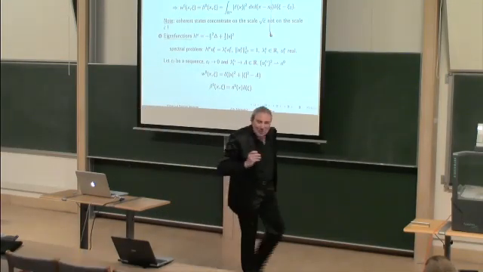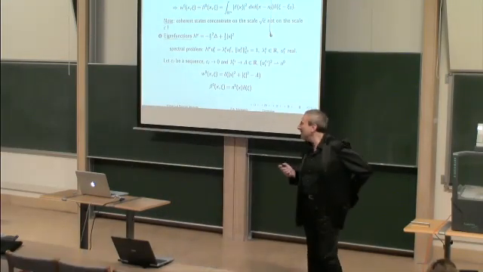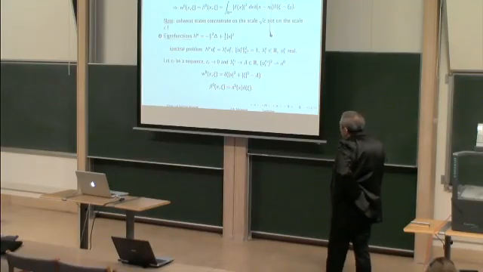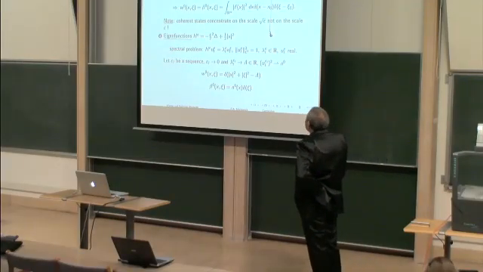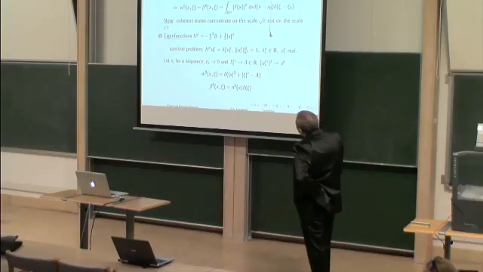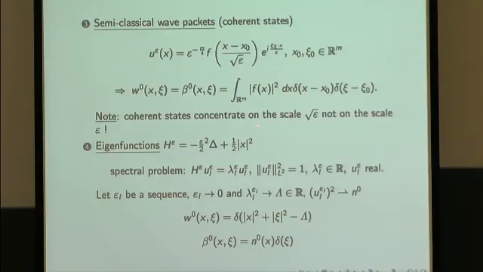Okay, now comes the good evidence, actually. These are semi-classical wave packets, coherent states. Keep in mind, well, this is a general form of a coherent state. Keep in mind that those are sequences of functions which concentrate, but on the scale square root of epsilon, not on the scale epsilon. So on a scale much larger than epsilon. Okay. Now here, this is actually a case where the Wigner measure is equal to the limiting Bohmian measure.